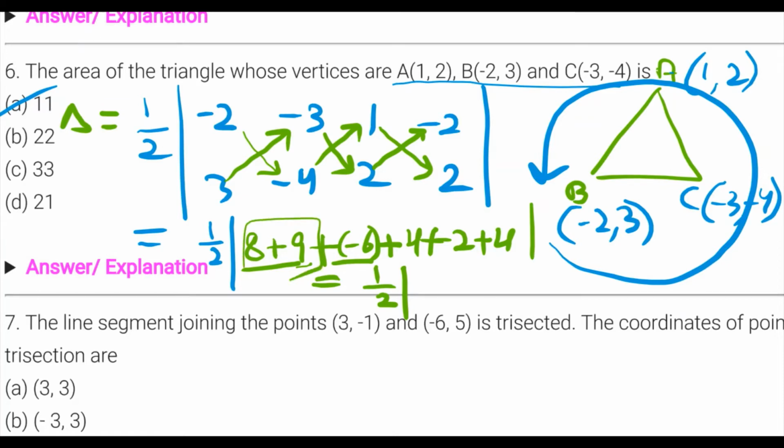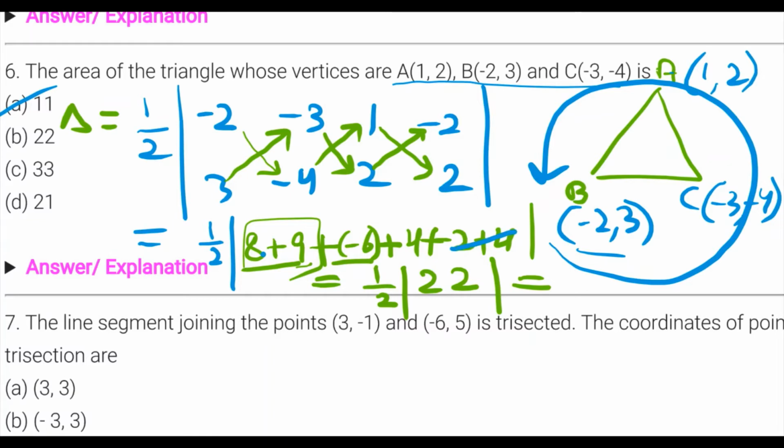So this should be 22. One, 2, minus 3, minus 2, 3, minus 3, minus 4. So this is 4, minus 2 into minus 4 is plus 8, plus 9, plus minus 6, plus 4, plus 2, plus 4.